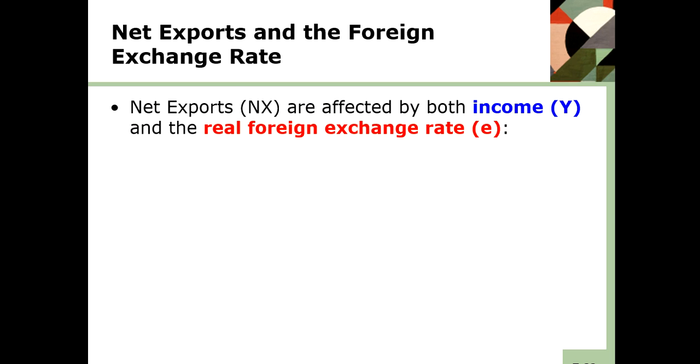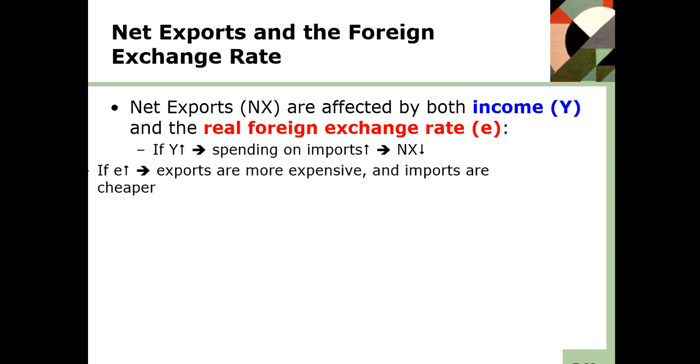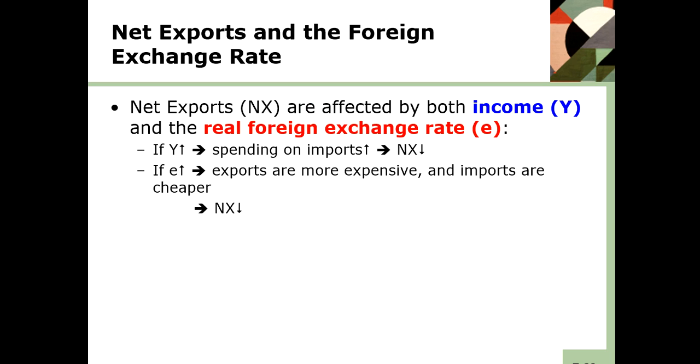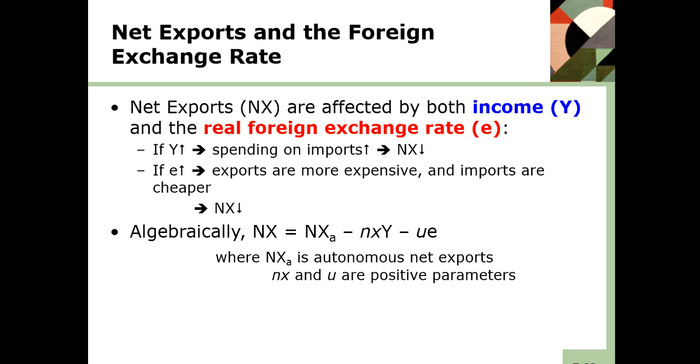So what's the relation between net export and the foreign exchange rate? So if income increases, net export is affected by both income and exchange rate, okay? It will be affected, no choice.